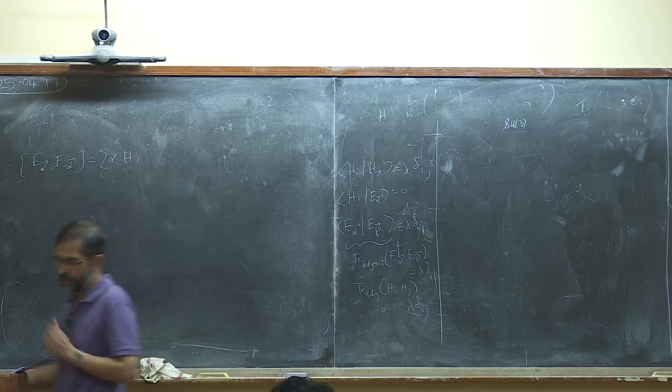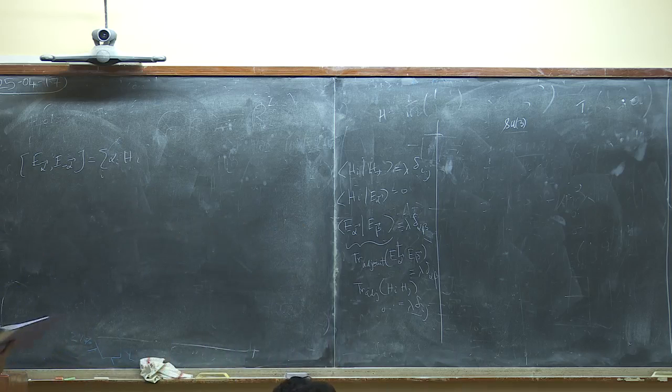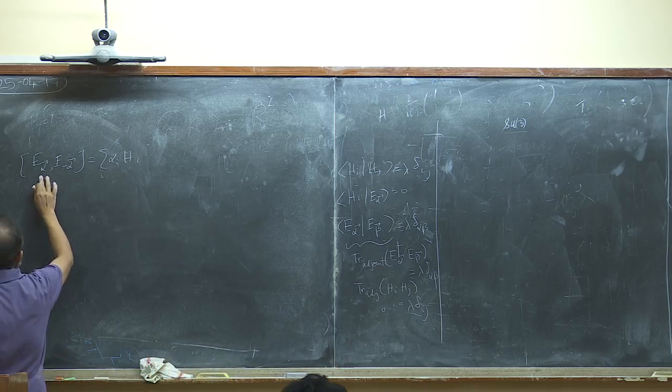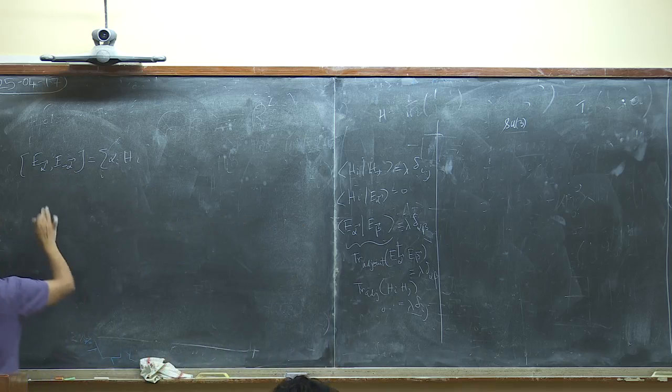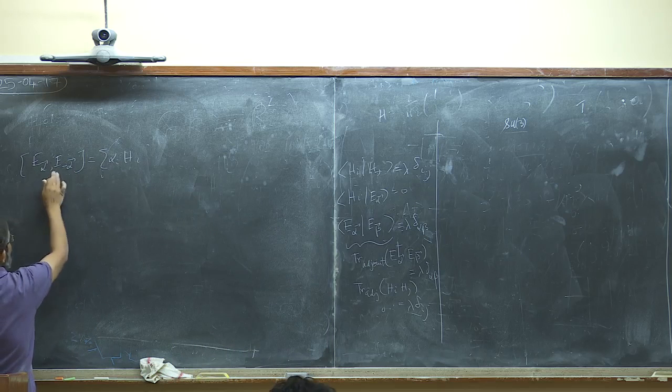So how does one prove this? Basically, what you have to show is that the weight corresponding to this, if you think of this as E alpha acting on E minus alpha, should have weight 0. So let me say what my strategy would be.